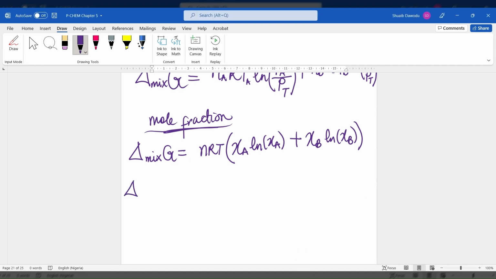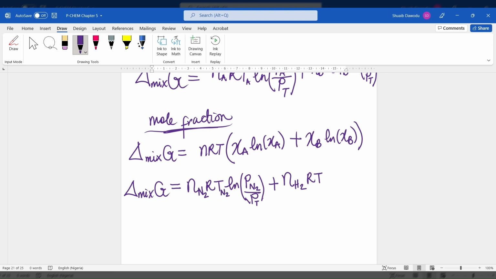So the Gibbs energy of mixing is just going to be n, this is for nitrogen, so n sub N2, RT, ln the pressure sub N2 divided by the total pressure, plus n sub H2, RT. I can just say T can be temperature sub N2.